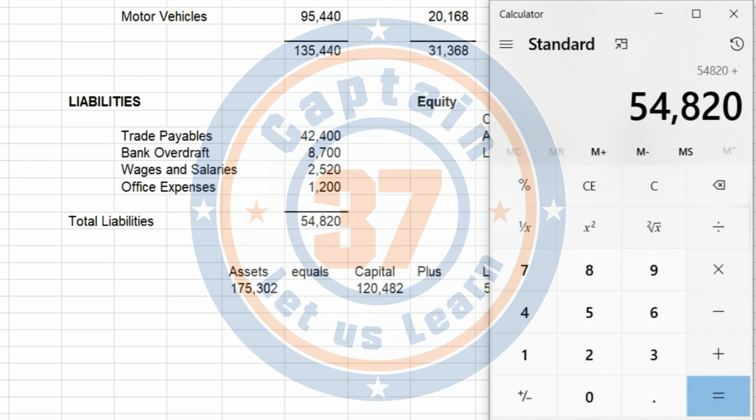When we add to this the capital, 120,482, it gives us 175,302. This is equal to this one over here, which is also 175,302. So this is how you apply the accounting equation.